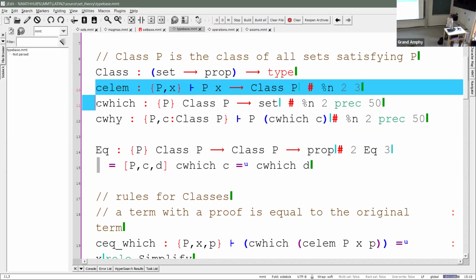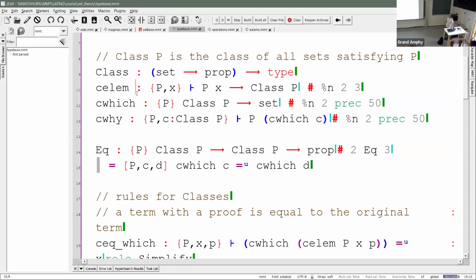And then these constructions are basically saying, well, we have sigma types, except specialized to this constructor. So this is a pairing operation. If you ever have an X and a proof of P of X, then we get an element of P. If we have an element of P, we can get the underlying set back.